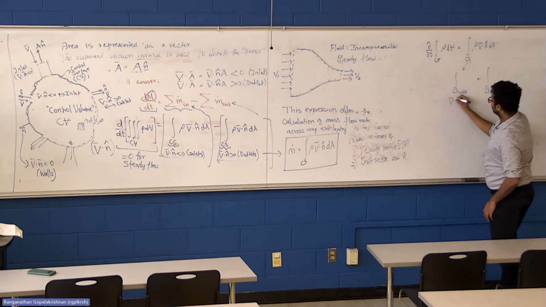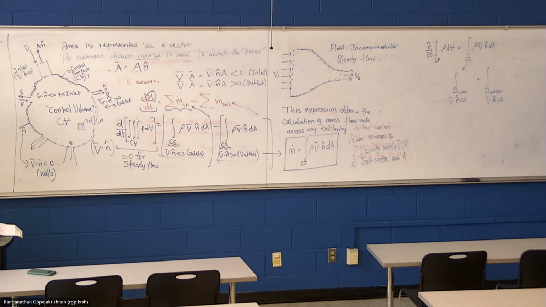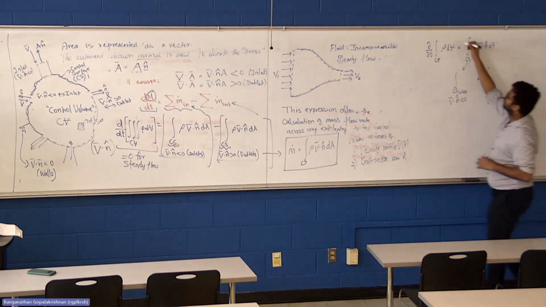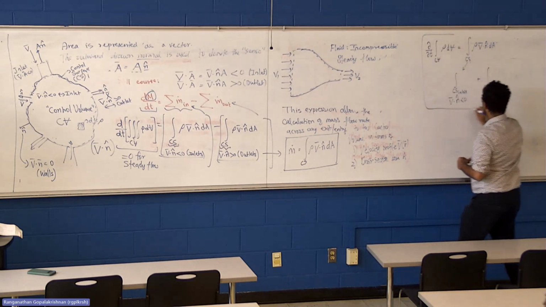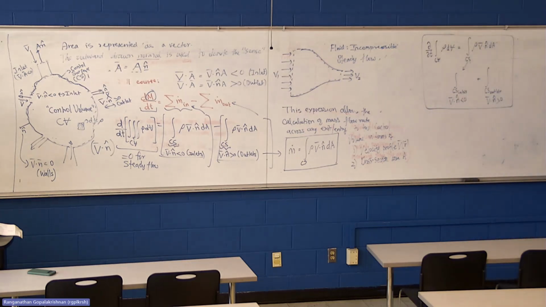CS inlets are defined by V dot n being negative and CS outlets are defined by V dot n being positive. So this equation is what you need for problem solving and doing mass balance on fluid systems.